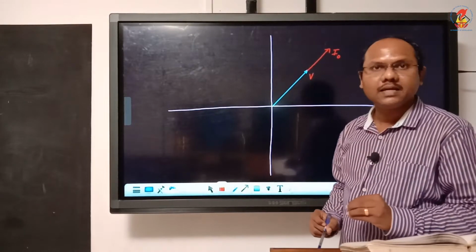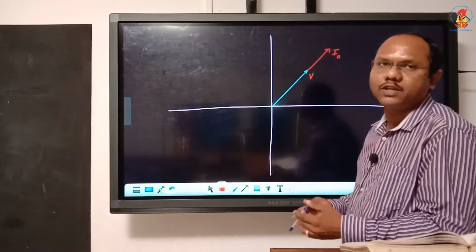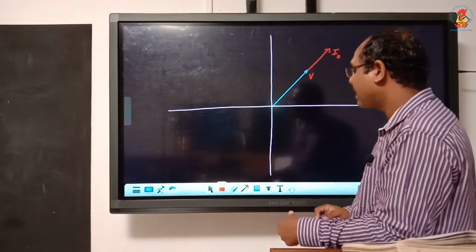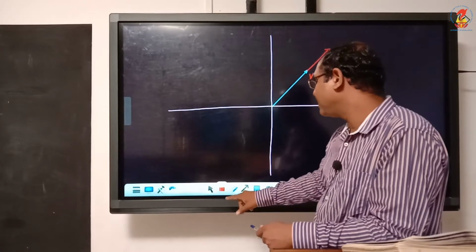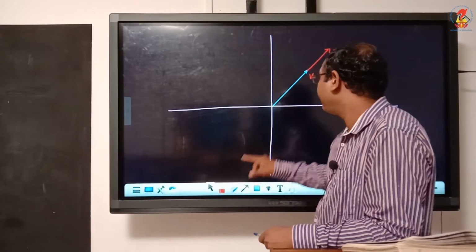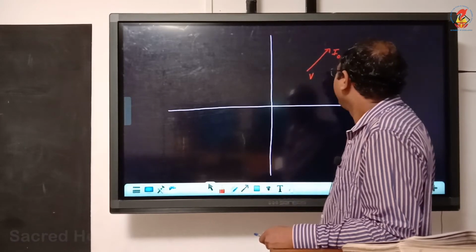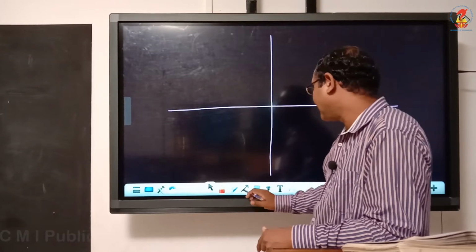It is always better to draw the current magnitude lesser than the voltage magnitude, because whenever current flows through the circuit, the magnitude of voltage will be always greater than that of the current. Therefore, we will draw the current first and voltage second.